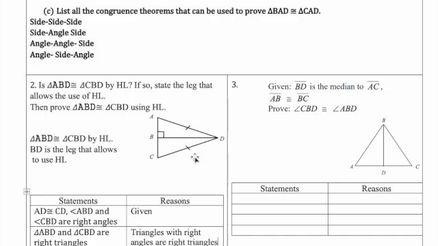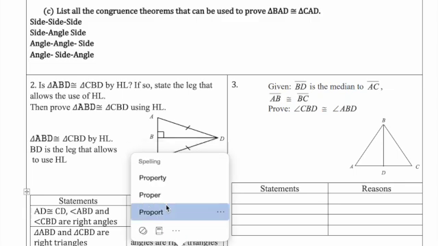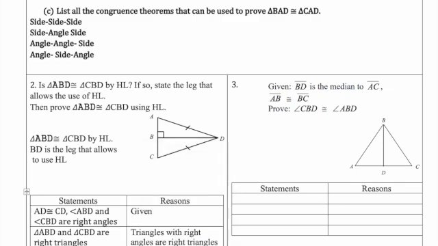Okay, so we have a hypotenuse. We know it's a right triangle, and we're going to say BD is congruent to BD, and this is reflexive property. Okay, and now we can say that triangle ABD is congruent to triangle CBD, right?